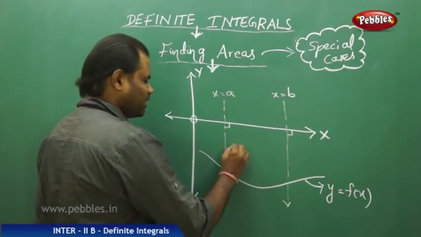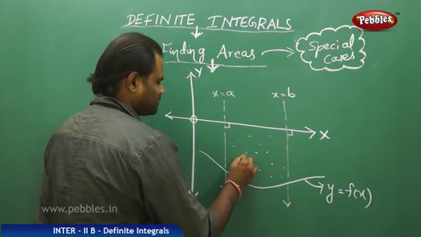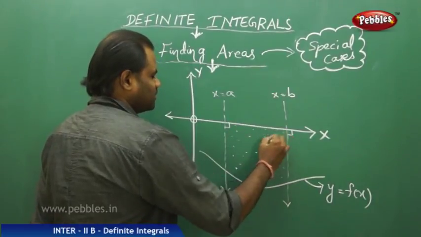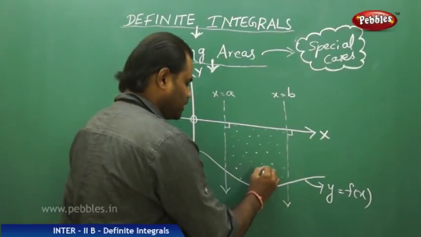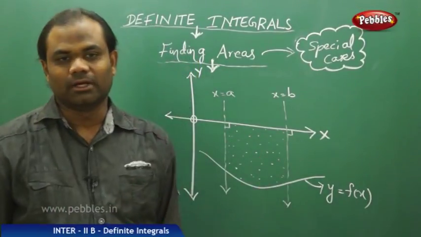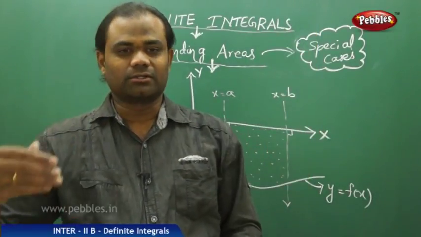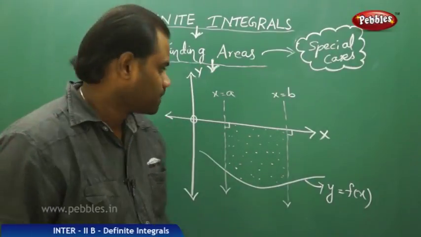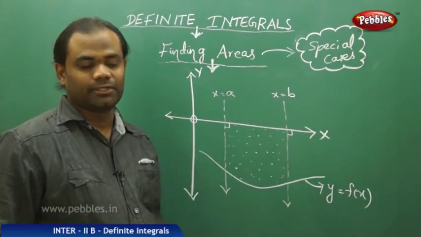So how do I find the area of this dotted region using integrals? This comes as a special case of finding the area using the general formula, integral from lower bound to upper bound of upper curve minus lower curve dx. So let's see finding the area of this case using the general formula.